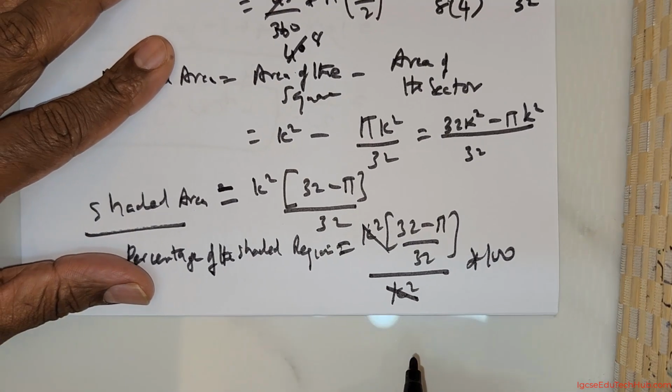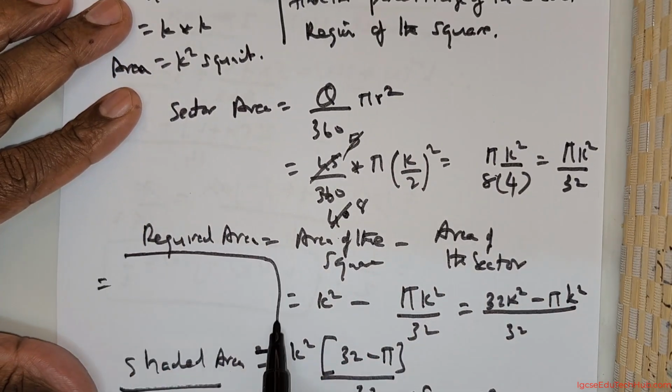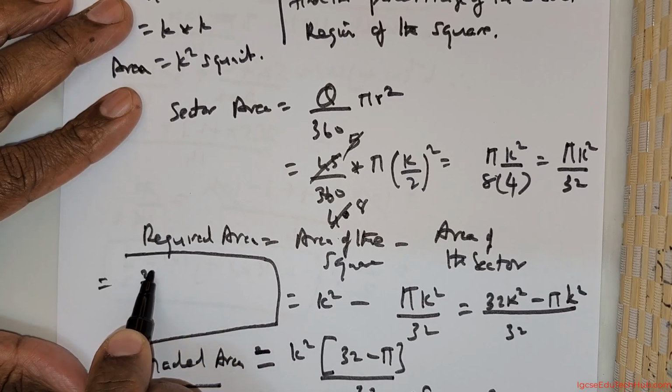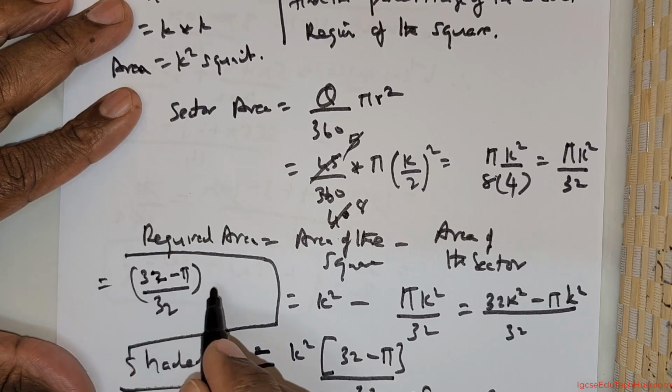So K squared gets cancelled. So the final solution, I'm going to write it over here, is going to be 32 minus pi divided by 32 multiplied by 100.